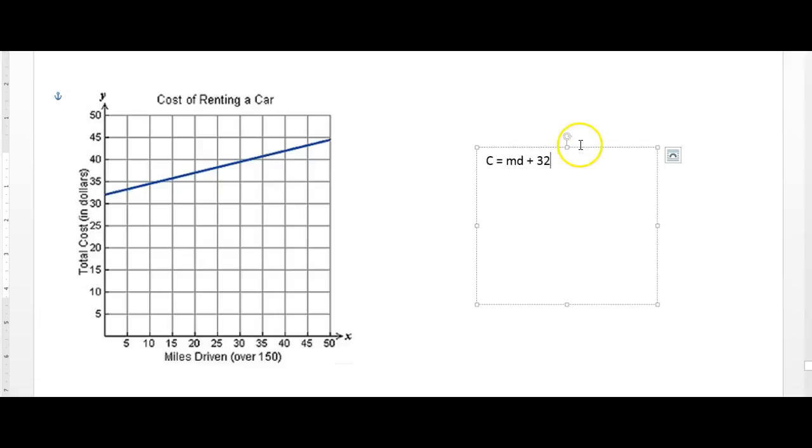Here's an example of another graph that you could do, except that you're limited in this case by the information given. So if you're ever in the situation where you can't easily figure out the slope or the y-intercept, then what you can do is you can just make your best guess, right?